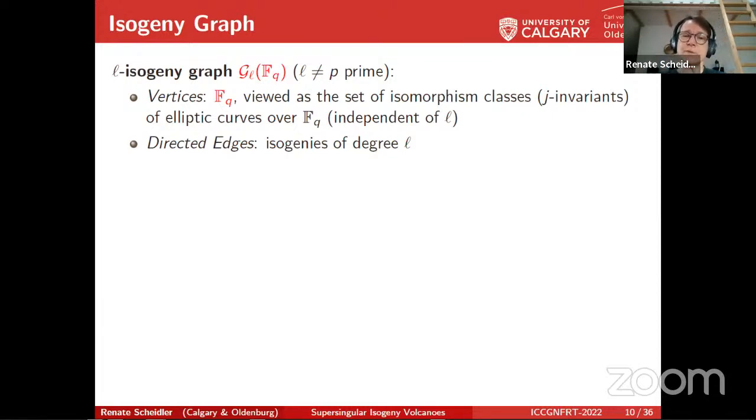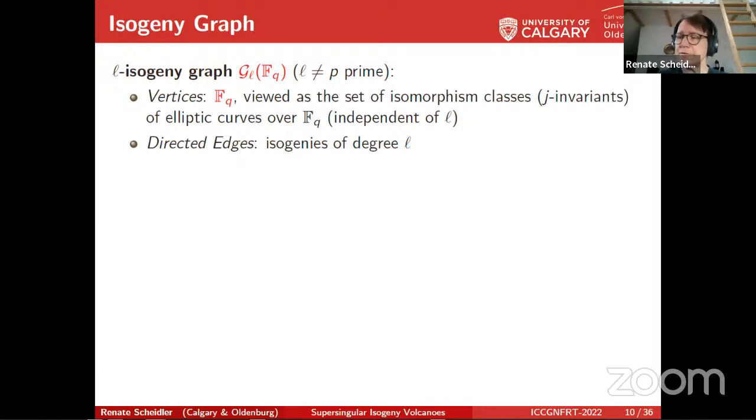It has to be distinct from the characteristic. But the vertex set of these graphs is the same regardless of what your L is. So the 2 isogeny graph, 3 isogeny graph, and so on, they all have the same vertex set. But the directed edges are L isogenies, isogenies of degree L.